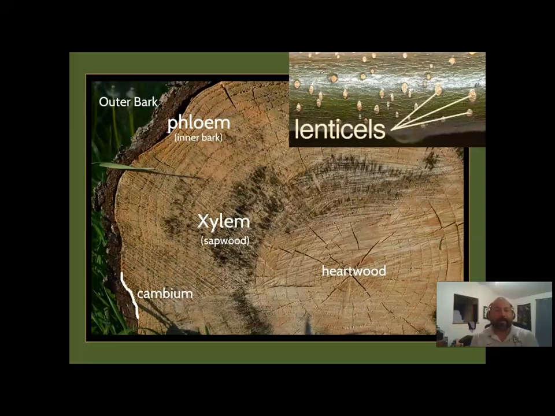It's almost like some sort of tree braille. But they're all just pores, basically, to allow gas exchange to happen. So the idea of taking in CO2 from the atmosphere and turning it into oxygen happens through the lenticels.